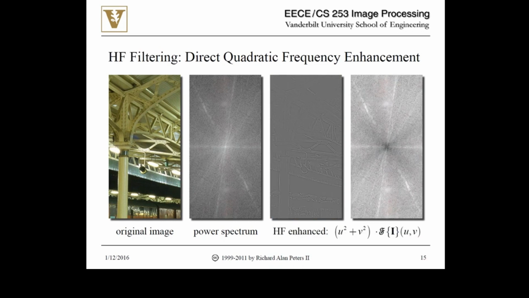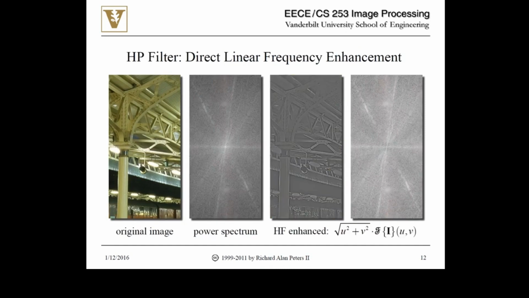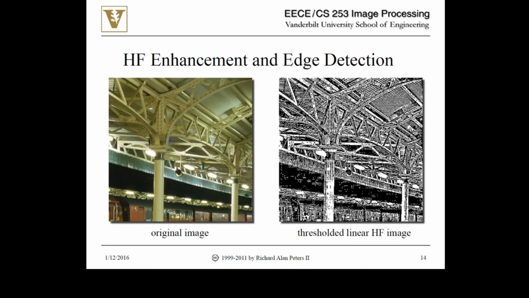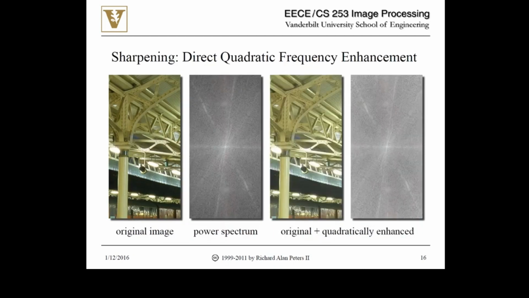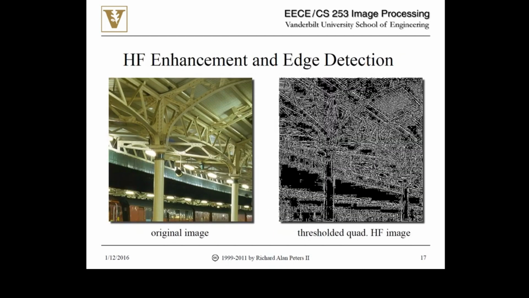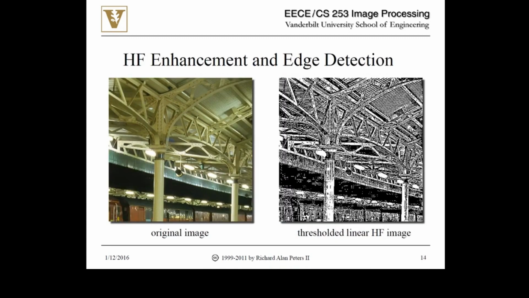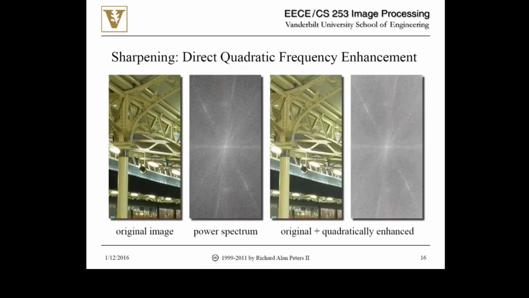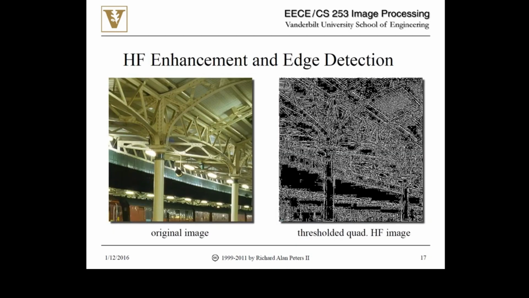So this is a quadratic term, this is omega squared, while this one here goes with the modulo of omega. And then the strongest edges are the ones that have high value. So we can compare this one with this one. So here we have many more edges, but here only the strongest one survives.